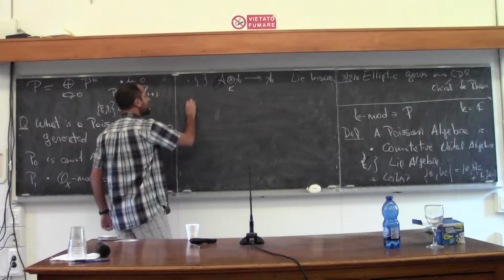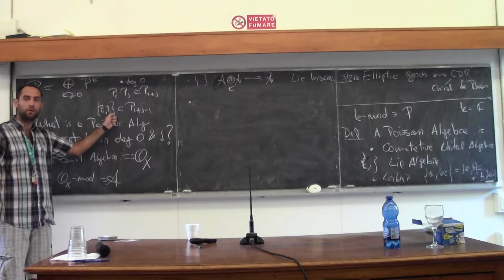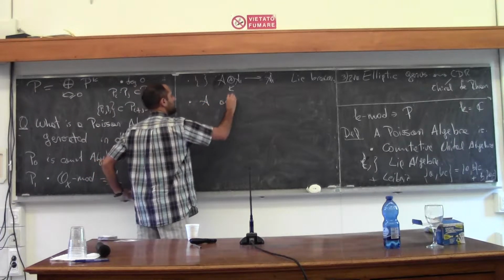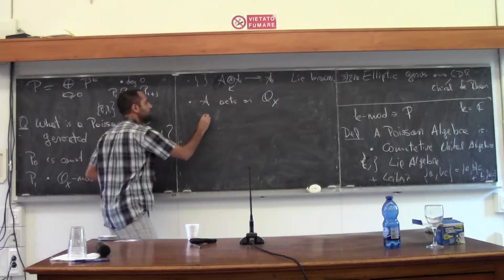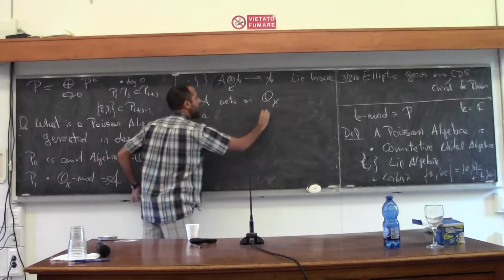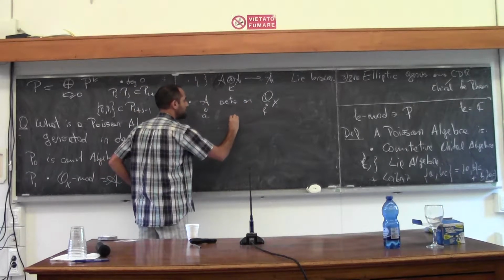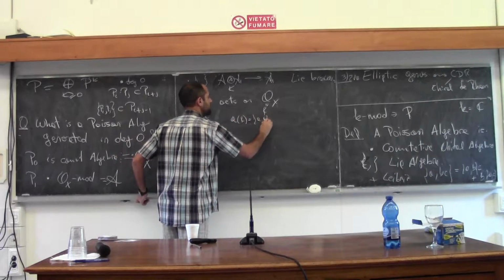And finally, the bracket between something in P1 and something in P0 gives me an action of A on O. If you have something in A and some F here, then I can call the bracket A of F, I'll just define it to be this.